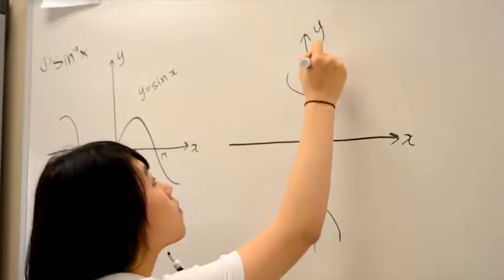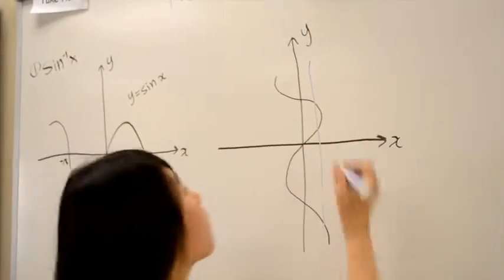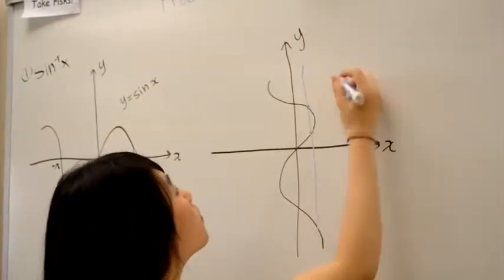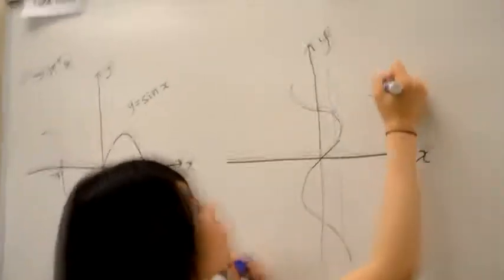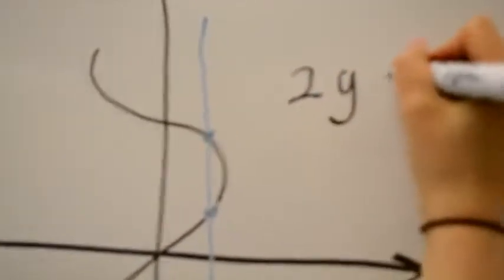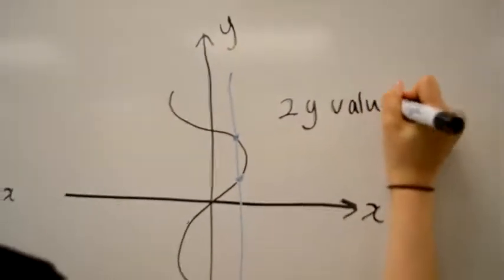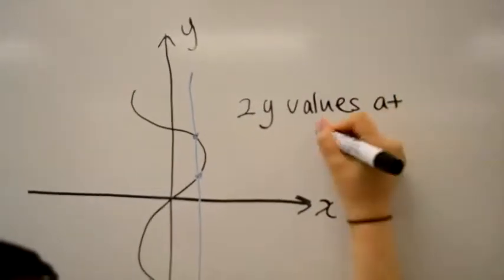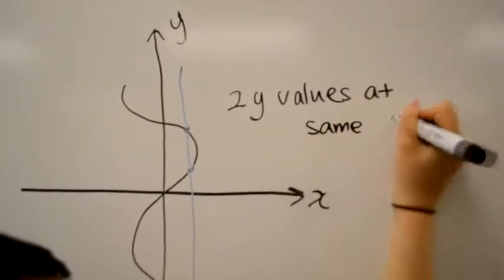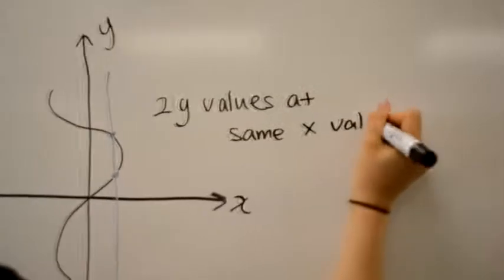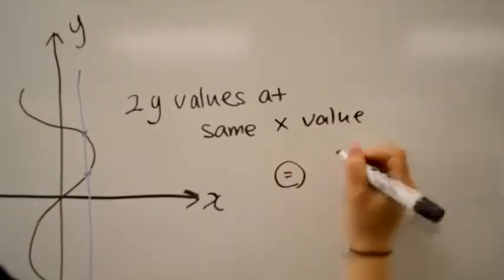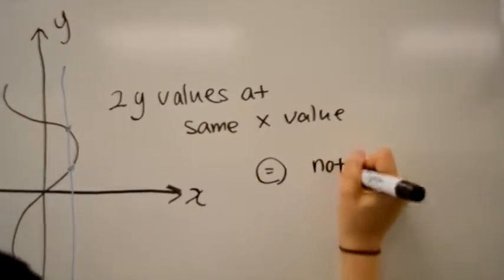And then if you draw a vertical line on the graph to see whether the graph is having two y values at the same x value. If it has two y values at the same x value, it means that it's not one-to-one.